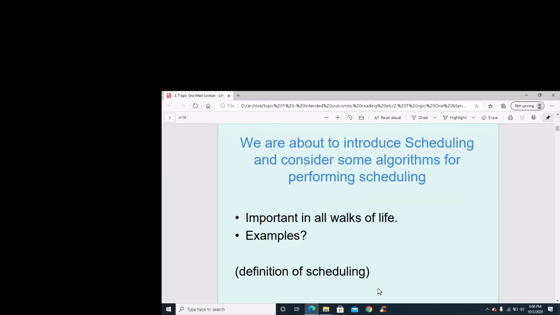Okay, we're about to introduce scheduling and consider some algorithms for performing scheduling. And all I mean by algorithm here, informally, is a set of steps that will achieve our given purpose for a particular task.